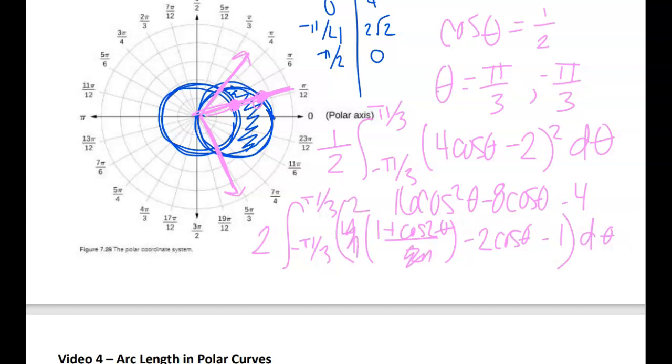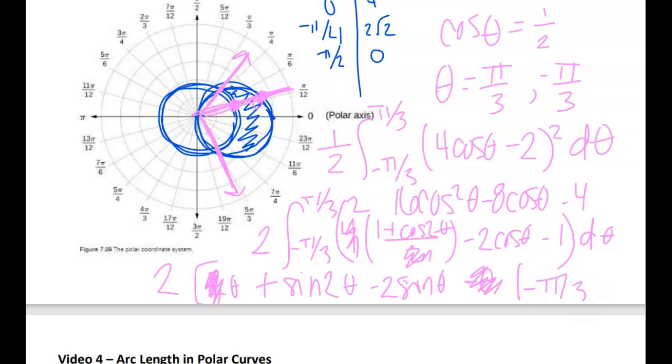So this is 2 times 2 theta plus sine of 2 theta minus 2 sine of theta plus theta. Okay, minus 2 theta plus 2 theta. So I'm just going to end up having 1 theta there from negative pi over 3 to pi over 3.